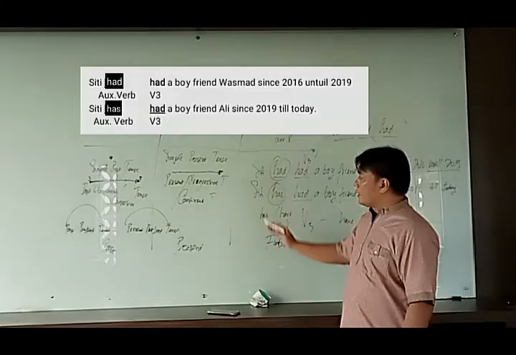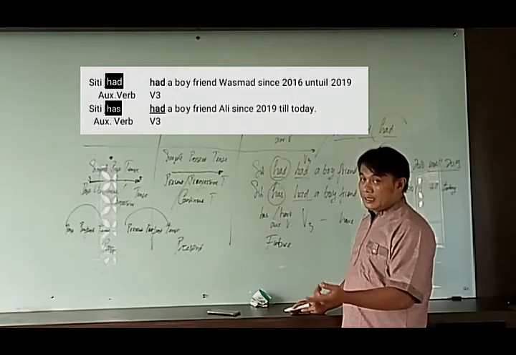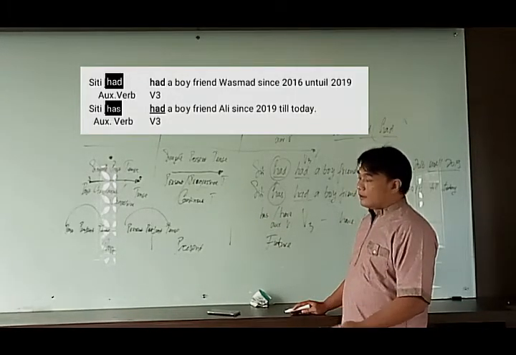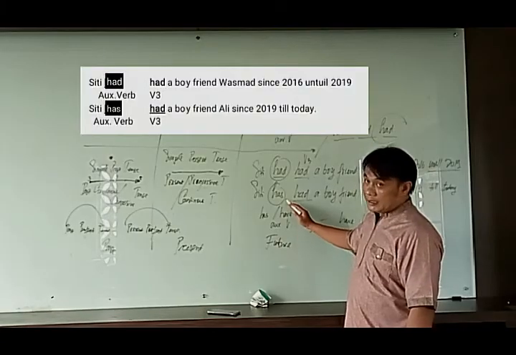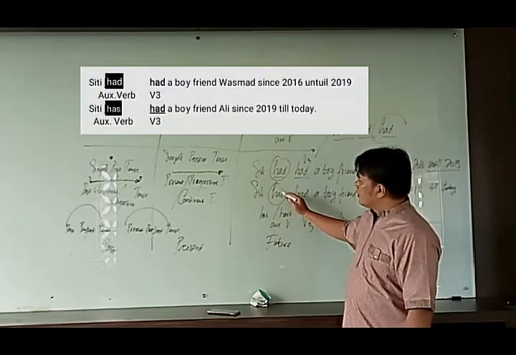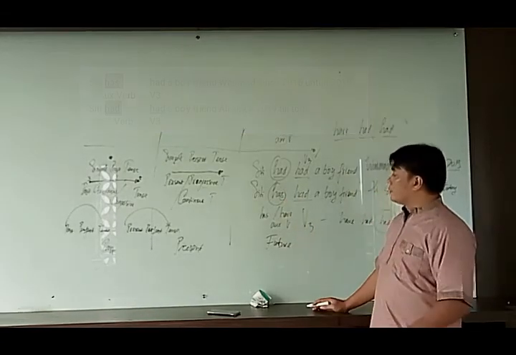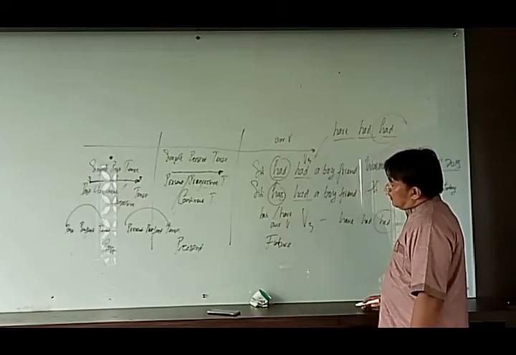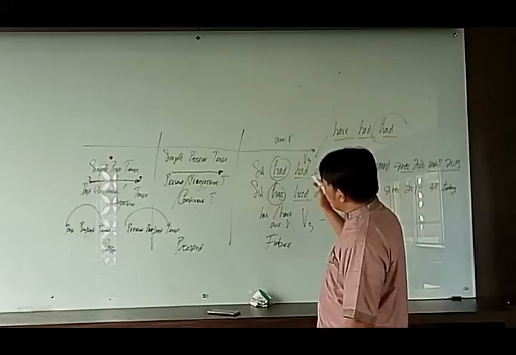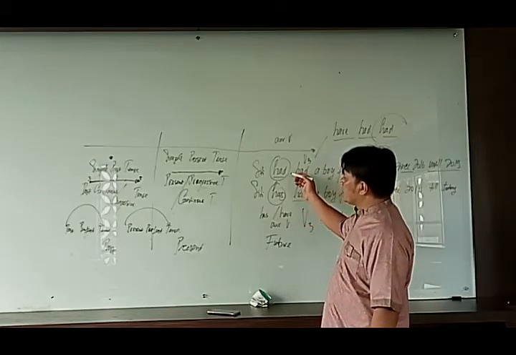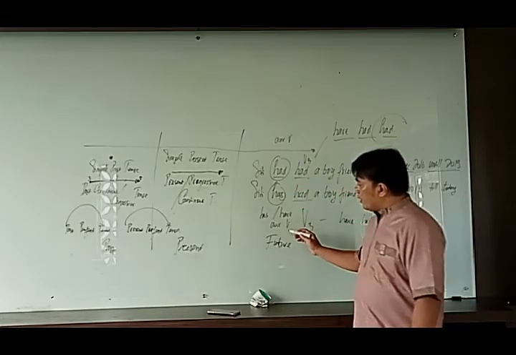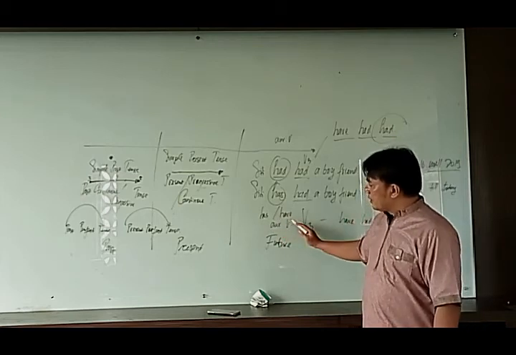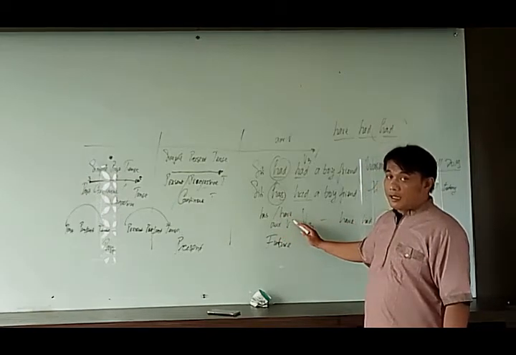Yeah, we know that she, he, it use has. At the previous video, you already understood which one uses has, which one uses have. Has for she, he, it, and then have for they, we, are, you.